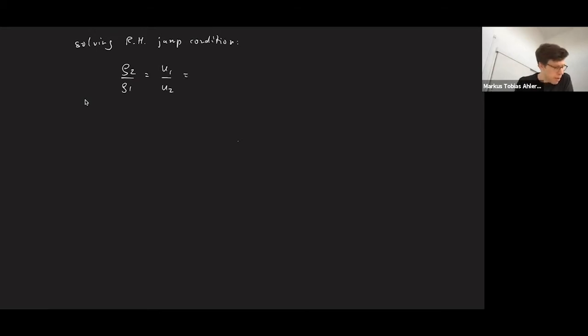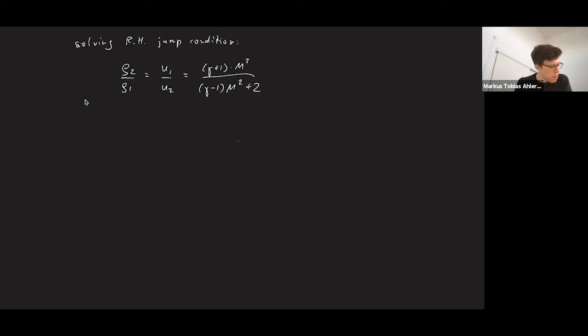And this is given by the following expression, and this is also the expression that I provided in the first exercise on Tuesday. This is given as gamma plus 1 times the Mach number to the power 2, over gamma minus 1 times Mach number to the power 2 plus 2.